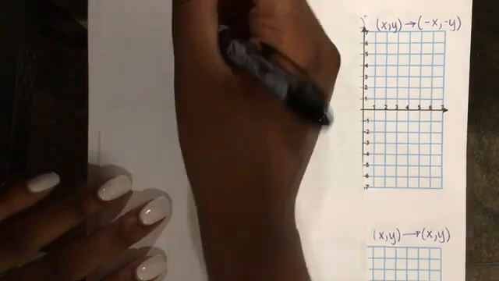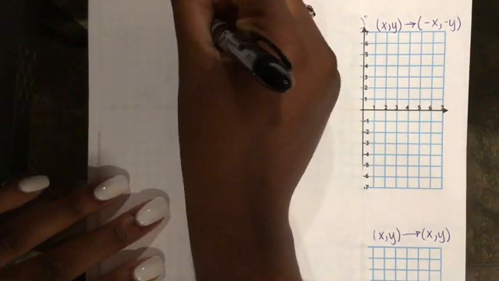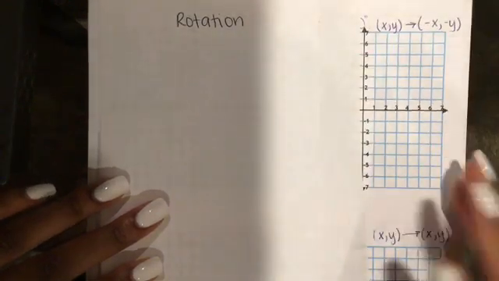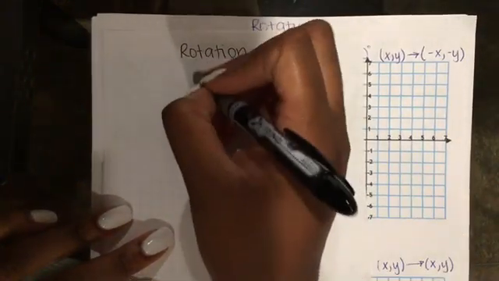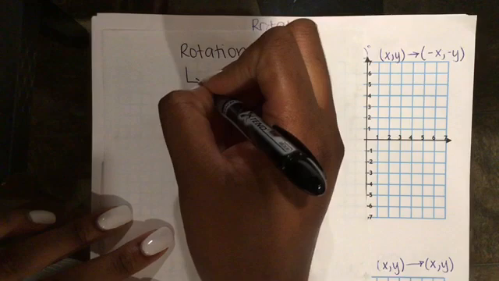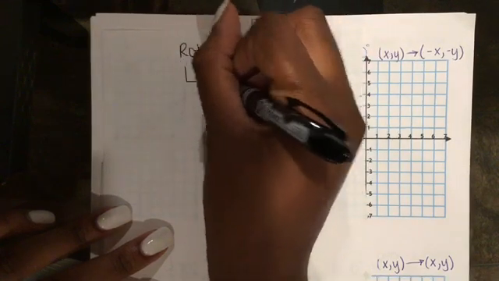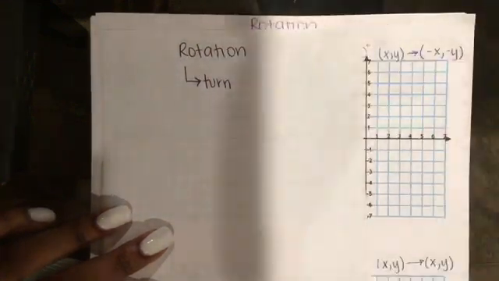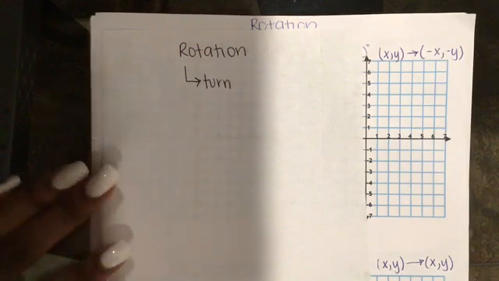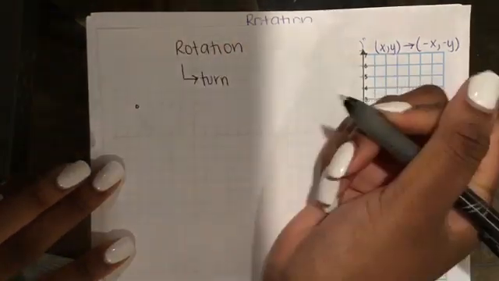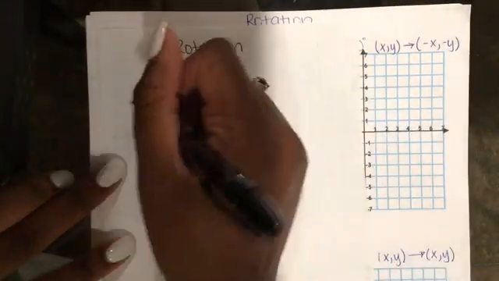Today we're going to talk about rotation. All rotation is, it means to turn your figure. That's all rotation is. So when we think about rotation, it rotates in degrees.